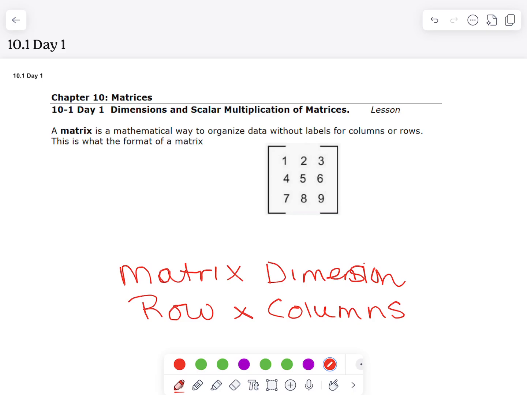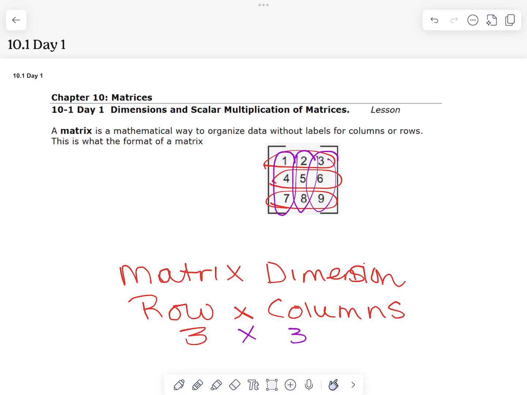So if we look at this example here, this is 1 row, 2 rows, 3 rows, and then column 1, column 2, column 3. So we call this a 3 by 3 matrix.